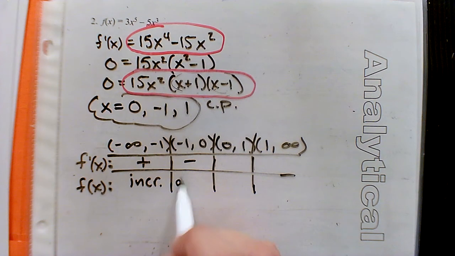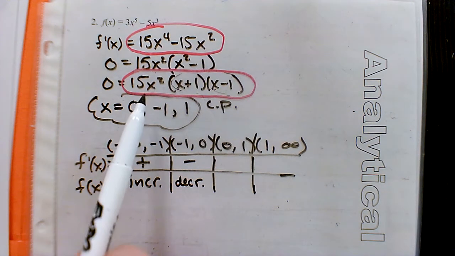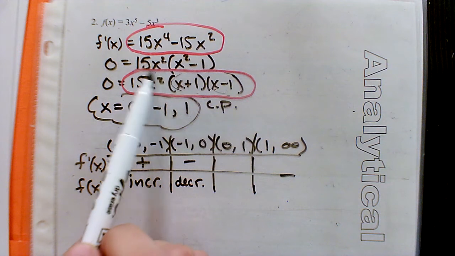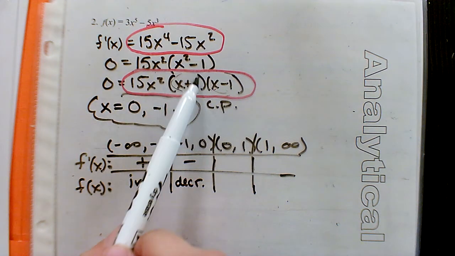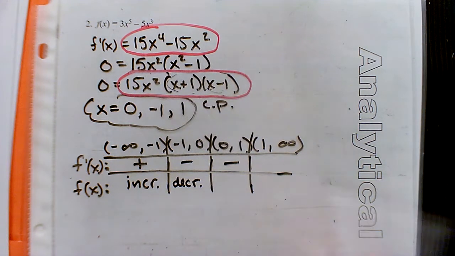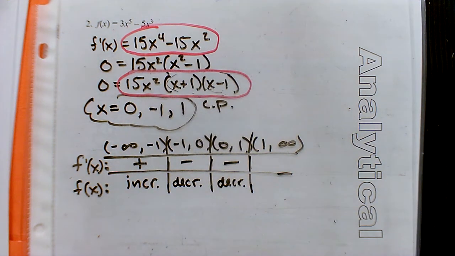We got negative, so the original function is decreasing. Maybe we'll choose positive 1/2 for the next interval. Plug it in. We'll have positive, positive, negative, all multiplied together would be another negative. So we're decreasing.